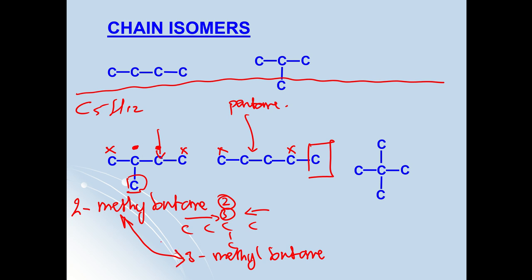Here's the problem. If you give this as an answer to an examiner, you'll get a tick. But if you then give this molecule, which is the same molecule as 2-methylbutane above, you will lose your good mark. You won't get any marks for this because it's wrong, and it shows a complete lack of understanding of what's going on. So be very careful.